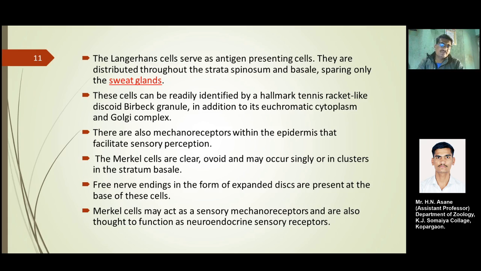These cells can be readily identified by a hallmark: Birbeck granules, with a tennis-racket-like, discoid shape, in addition to the euchromatic cytoplasm and the Golgi complexes.